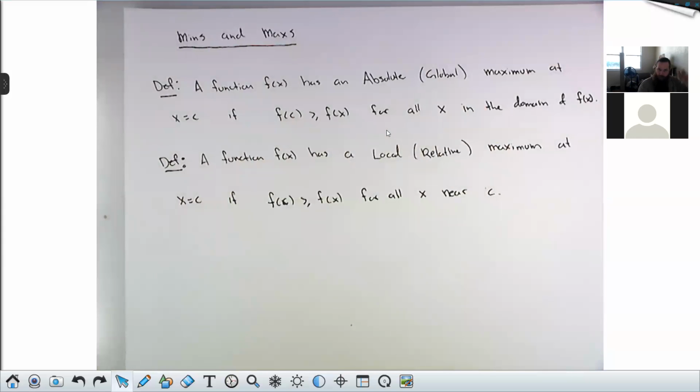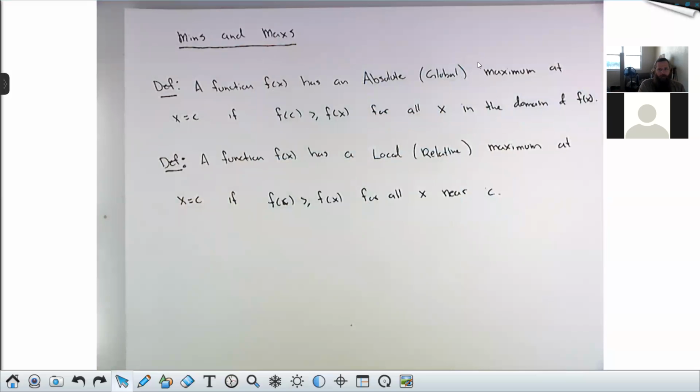So you can compare the ideas. Absolute or global corresponds to comparing the y value there to all the y values. Local or relative says you're comparing the y value there to all the ones nearby, right? So local or relative means compared to the stuff nearby, this is the biggest. And absolute and global says compared to everything, this is the biggest.